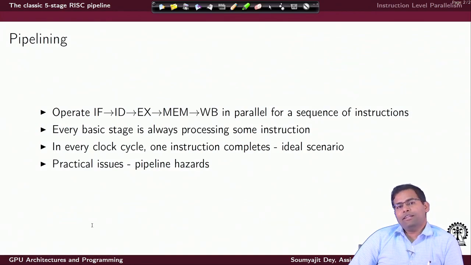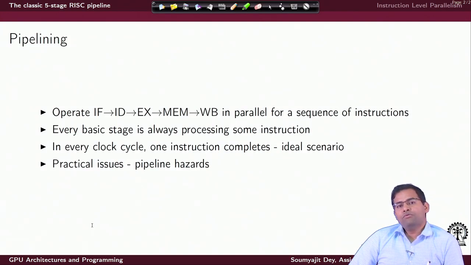I can say that every instruction requires one clock cycle, but that is not really the case. Every instruction requires 5 clock cycles with respect to the basic stages, but since the pipeline is always active and interleaving the execution of instructions, from a user's point of view, I have one instruction completing in one clock cycle.